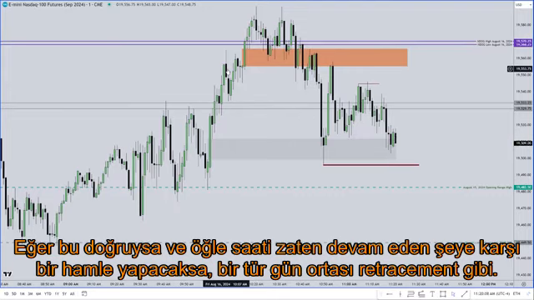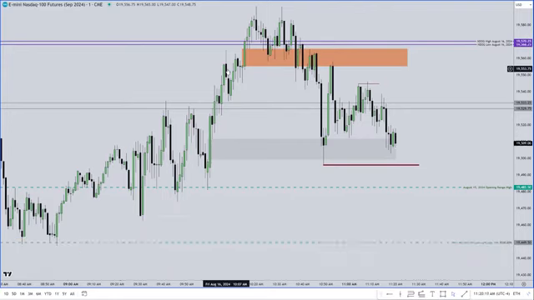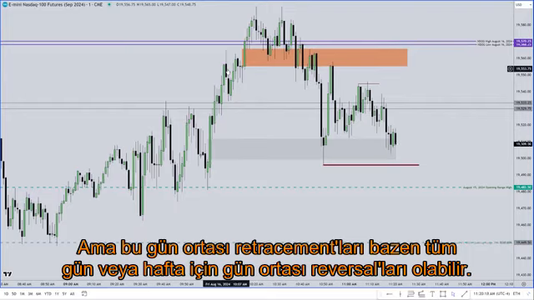So if that's true, and the lunch hour is going to make a run against what has already been in play, kind of like a midday retracement. But these midday retracements sometimes can be midday reversals for the whole day or the week.